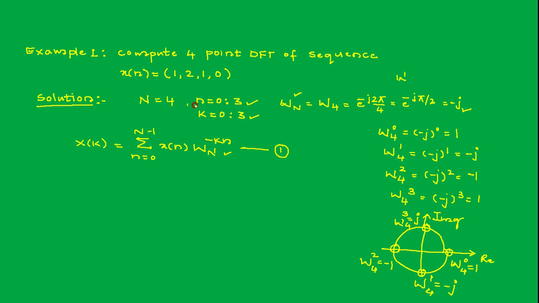At the same time, you have to write down both n and k, and both these n and k vary from 0 to N minus 1. Therefore, it is 0 to 3 for both n as well as k, right?